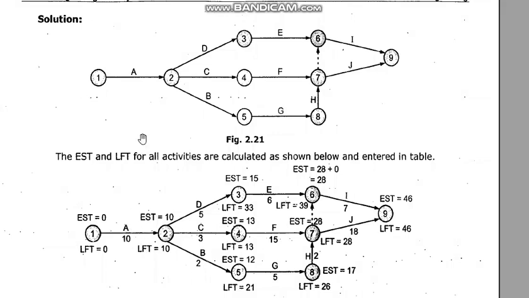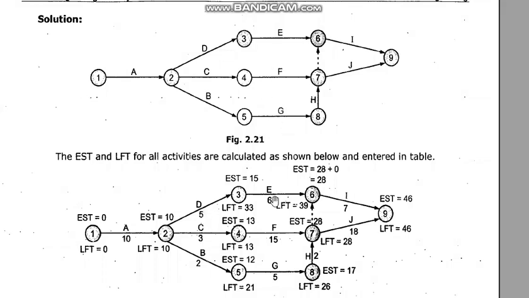Once the network is drawn initially, then you make a fair copy of it, as it is given here, and then you can write the activity durations just below the activity number. A is the activity, and it is taking 10 units. And below B, C, D you write their times, and E, F, G also.